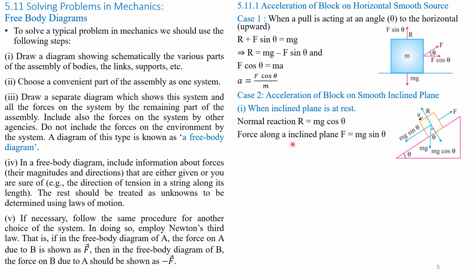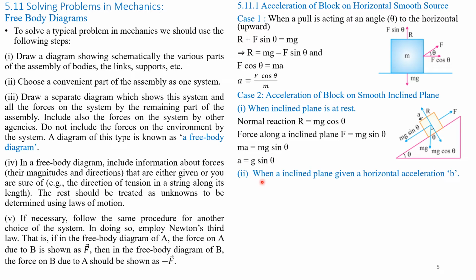Therefore, force along the inclined plane F is equal to mg sin theta. Therefore, ma is equal to mg sin theta. Therefore, a is equal to g sin theta, as m gets cancelled.